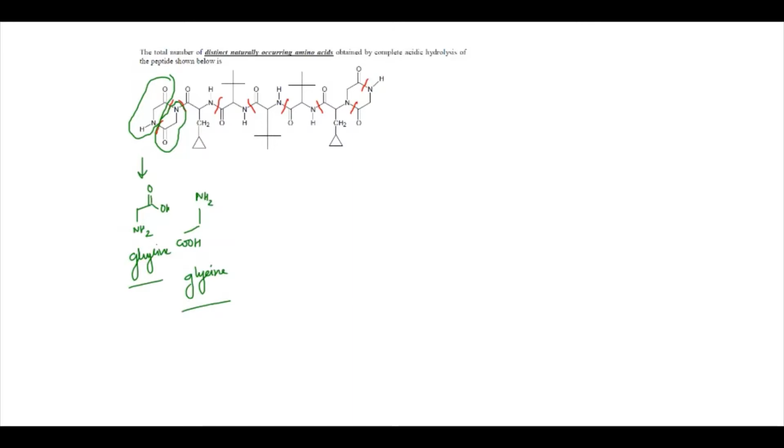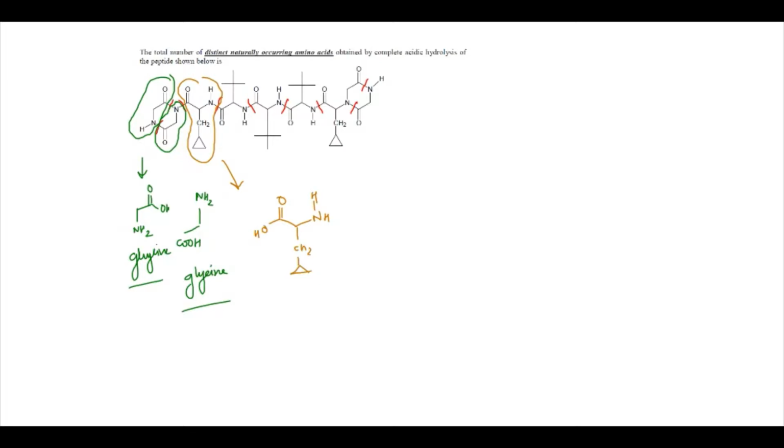Next, let us take this one. So this whole thing is going to give us something like this. So I am going to add an OH to the carbonyl carbon and an H to the amine. So here we go. So this one is not a naturally occurring amino acid.